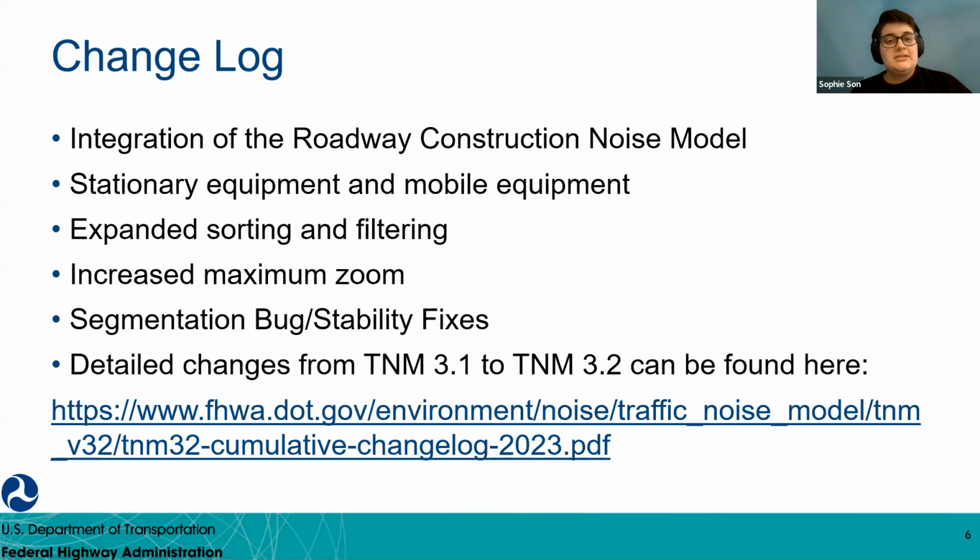We've also expanded the sorting and filtering of all the data grids, both in and out of the barrier analysis module. We've increased how far you can zoom in the maps, and generally fixed a lot of bugs, particularly the one where it would crash in TNM 3.1 every time you tried to divide an object into multiple segments. We've fixed that as well as some other bugs that I will get into later in the presentation.